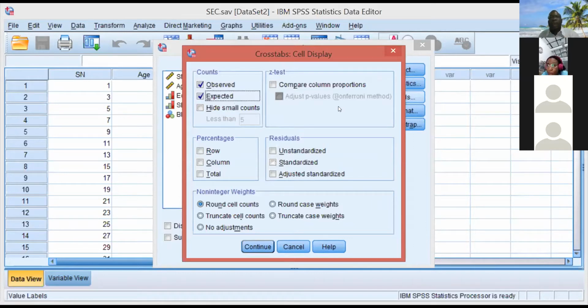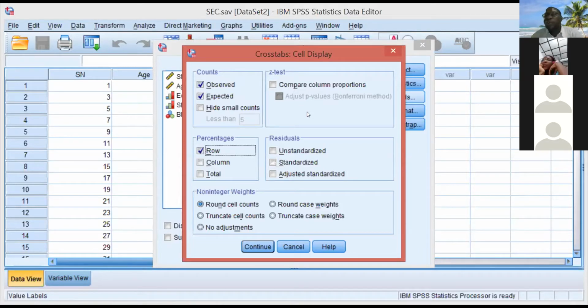This is where, if care is not taken and you don't know how to put your row and column and how to click, you can get it wrong. Why I click on row now is because we have put the exposure as the row and the outcome as the column. If we did it the other way around, I would click on column instead of row.